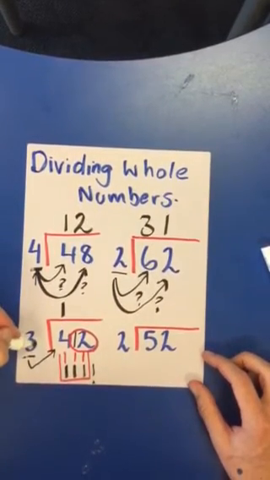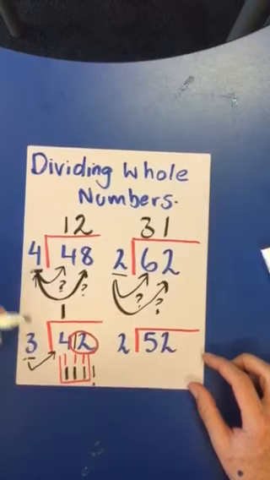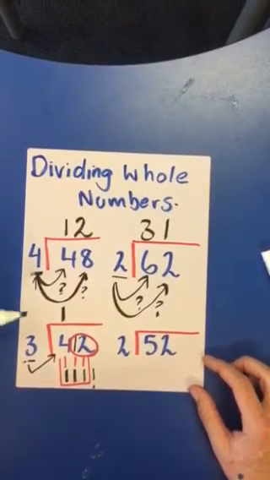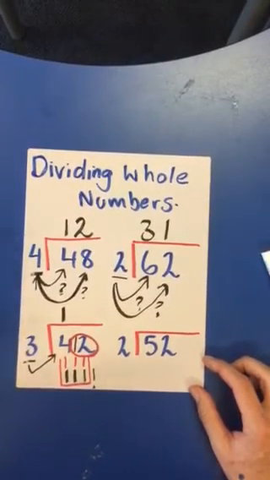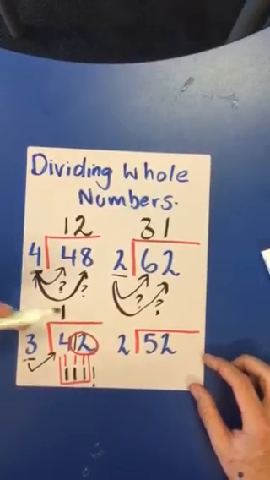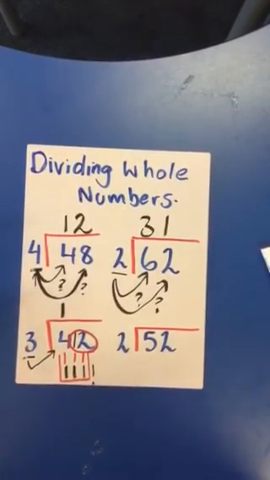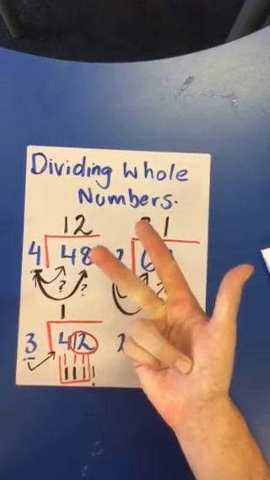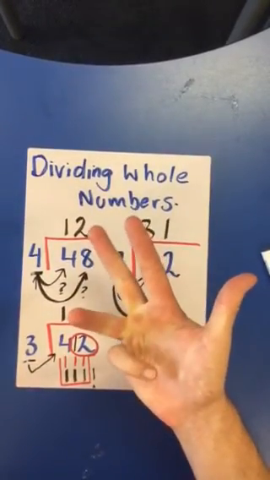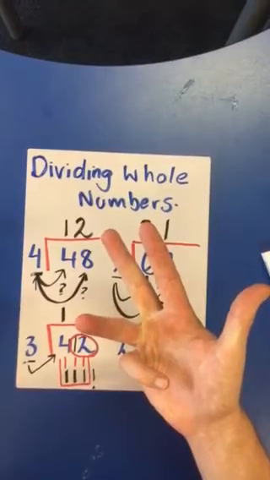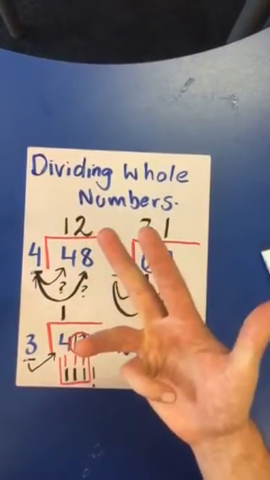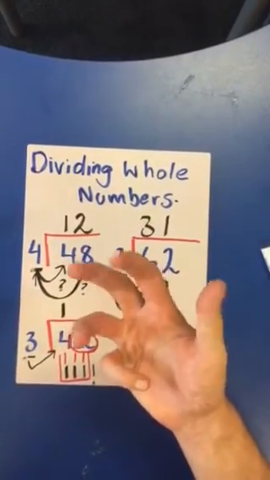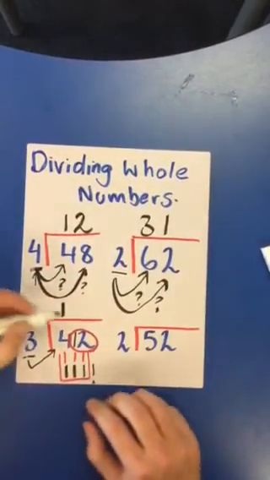So now we've done 3 into 4 goes once with 1 left over. We can do 3 into 12. 3 into 12. So our 3's times table. Once 3 is 3, 2 3s are 6, 3 3s are 9, 4 3s are 12. 3 fits into 12 4 times.